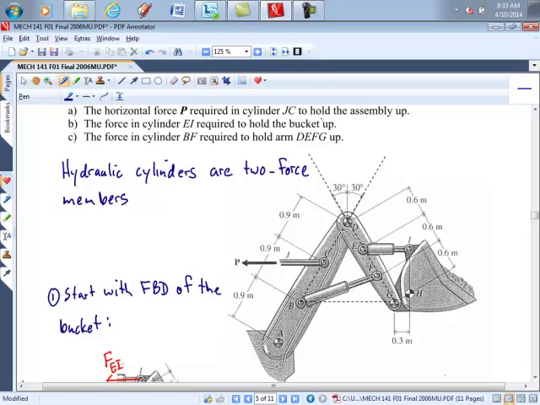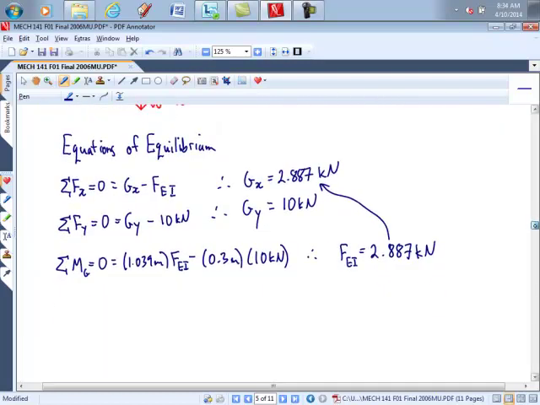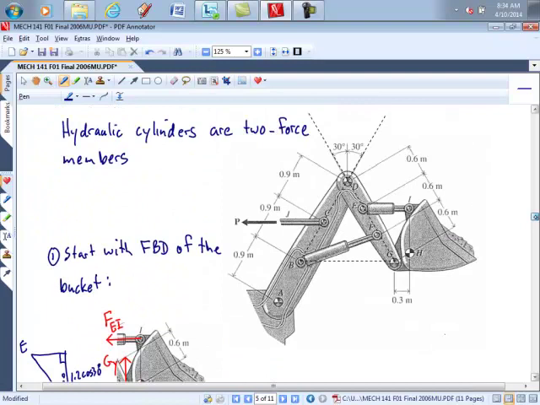We found part B for the question. So what should we do next? We still need to find this force and this force.